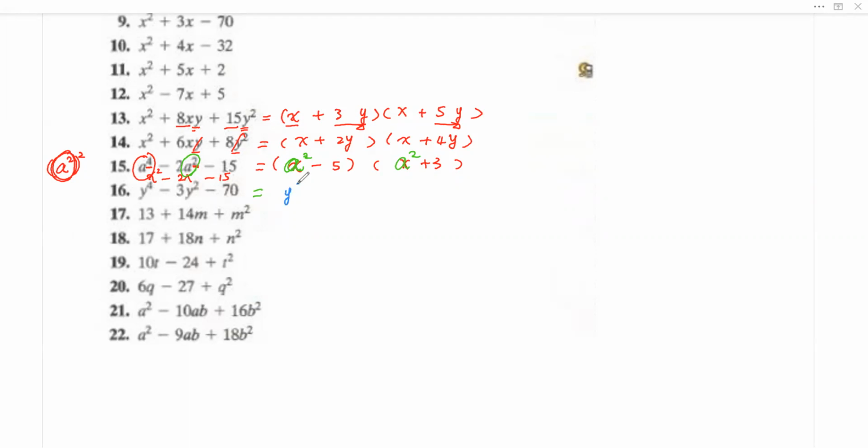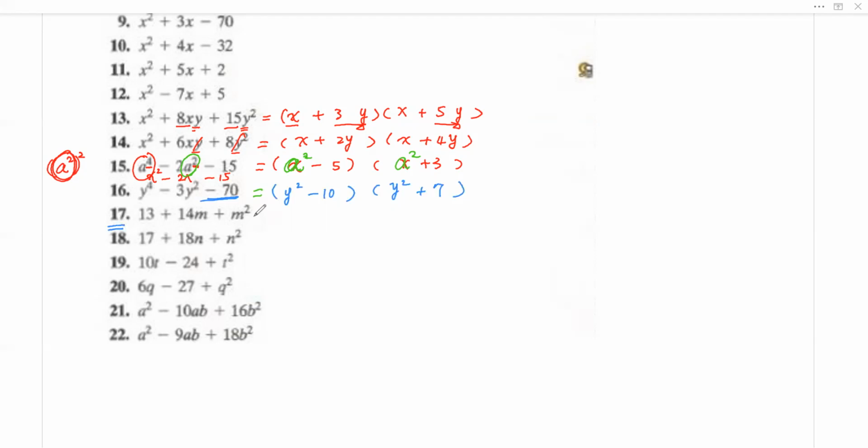So you need a y square and y square first, right? So negative 70 can be factored into negative 10 times 7. So the sum will be negative 3, right? So it matches up. So that's enough.